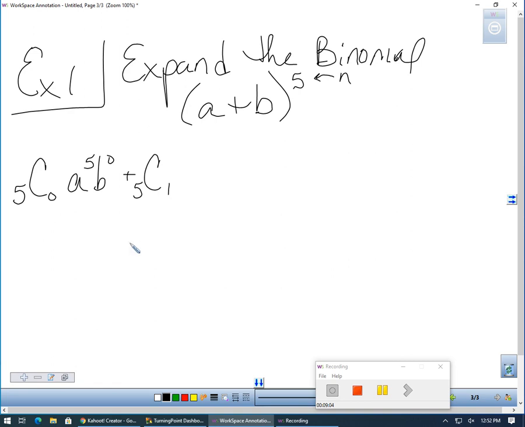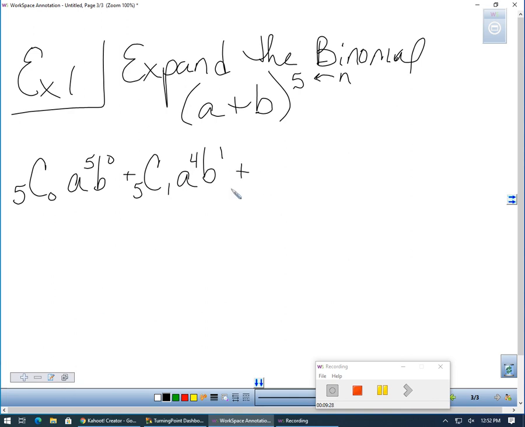Alright, we're counting all the way to 5 now as we go through. So now a goes down 1 and b goes up 1. So those exponents should total 5 every time, right?